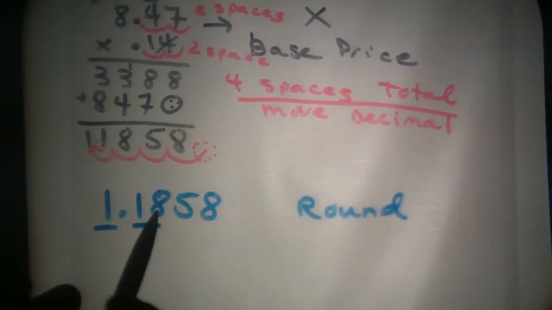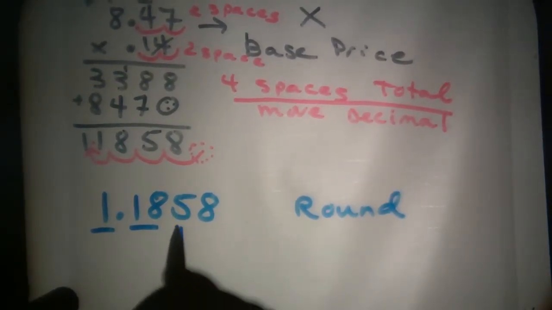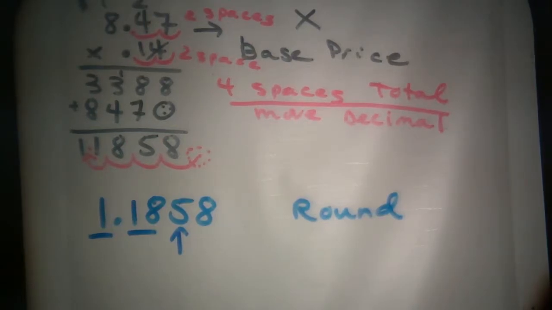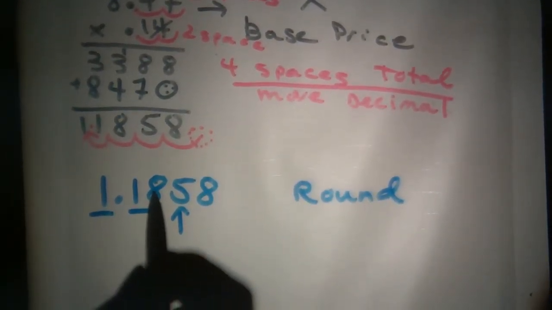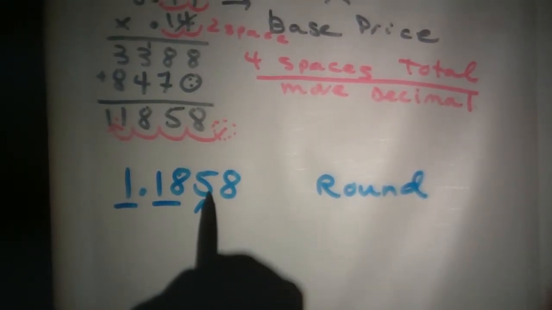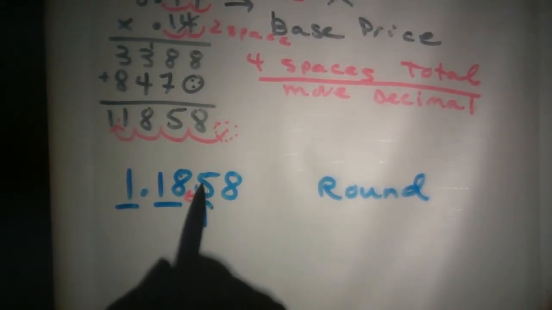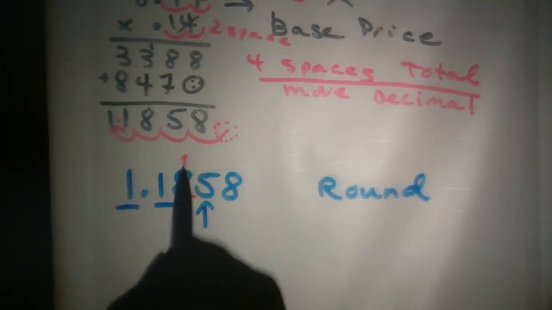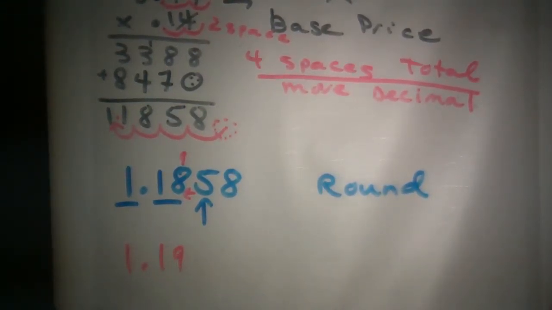Our closest is hundredths, which is pennies. So we need to look at this one right here. This number 5 will now determine whether this stays 8 or we can round up. When it's 5 or above, we go to the left and we round up. That means this 8 will now be a 9. So in rounding, we now have 1.19.